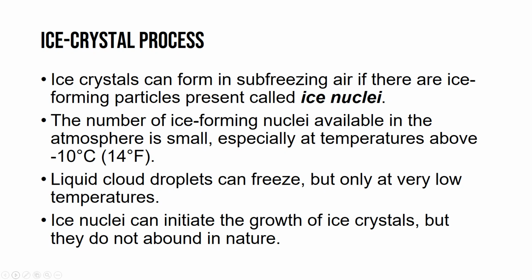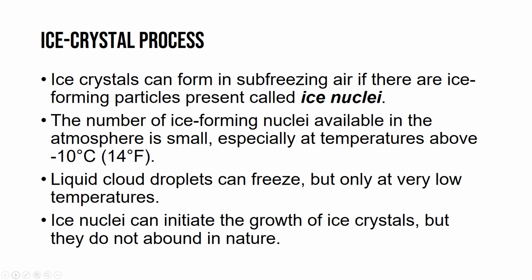Ice crystal process. Ice crystals can form in subfreezing air if there are ice-forming particles present called ice nuclei. The number of ice-forming nuclei available in the atmosphere is small, especially at temperatures above negative 10 degrees Celsius.